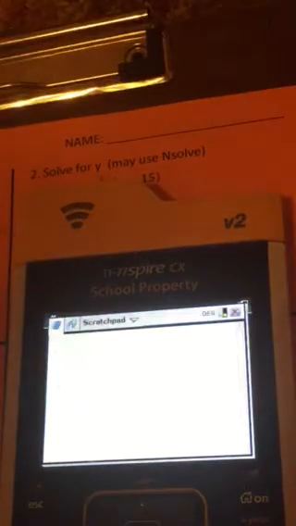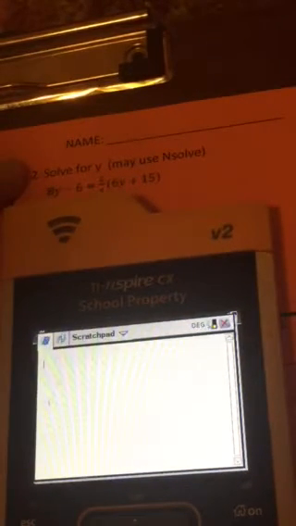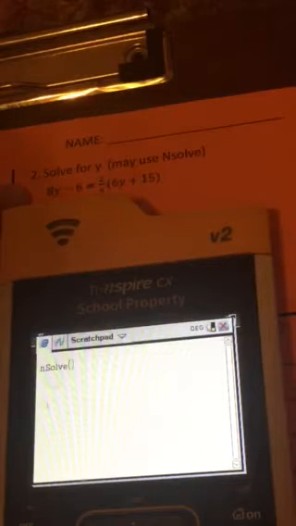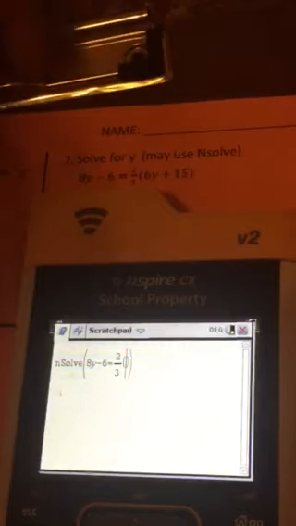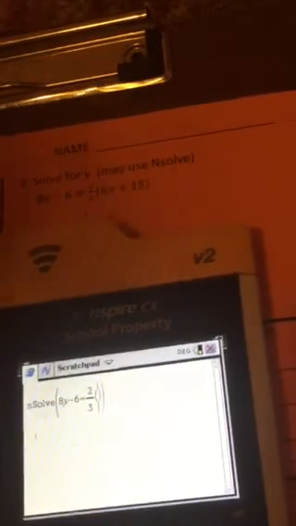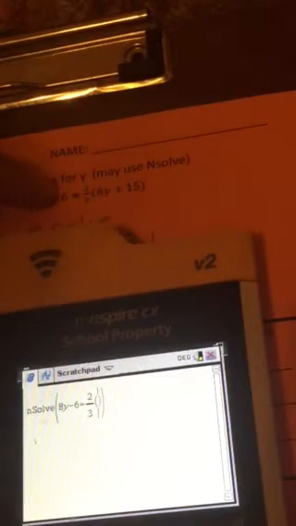Turn that on, and we're just going to go menu 3, 1, and then we're going to put everything in there. 8y minus 6 equals control divide, which gives you a fraction, 2 over 3. Get out of that. Open up a parenthesis, because it's got a parenthesis right there, so you've got to put that in your n-solve too.